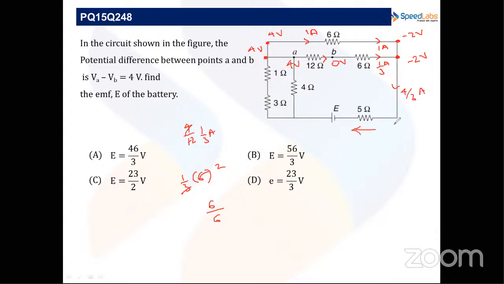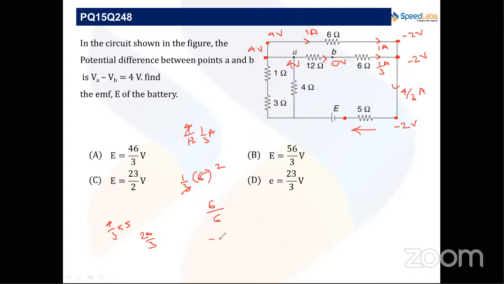Again it will go through this. So the potential at this point is still minus 2 volt because there is no component between the wires. Now the potential will further drop as we are moving in the direction of current. So the potential of this point is minus IR. How much is I? I is 4 by 3. How much is R? 5. So it is 20 by 3. It will drop 20 by 3.